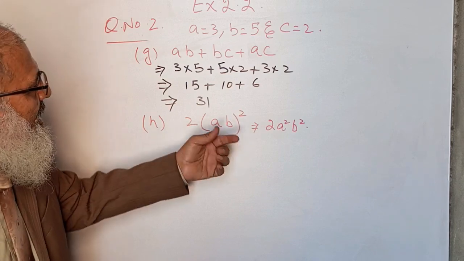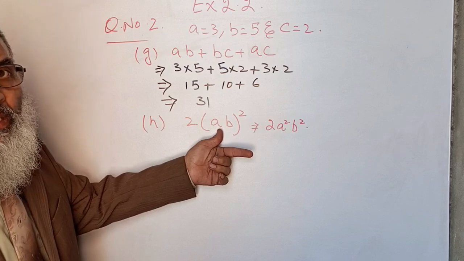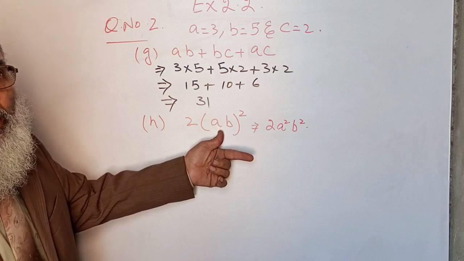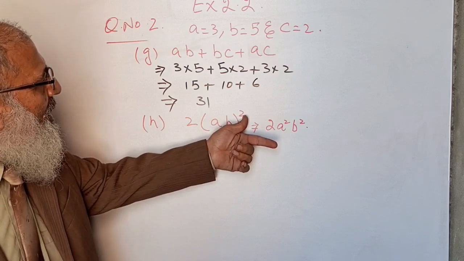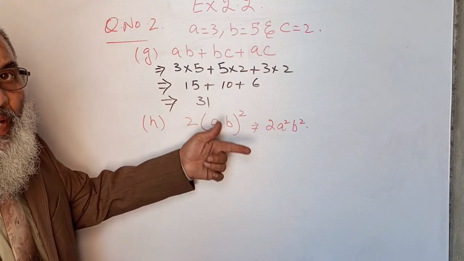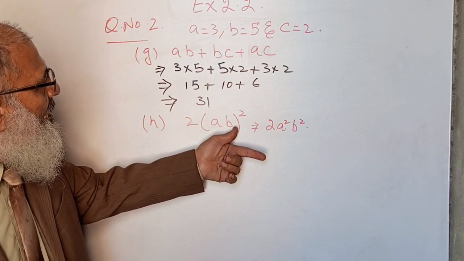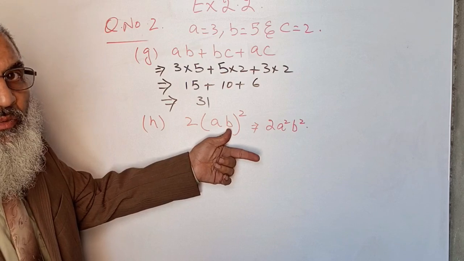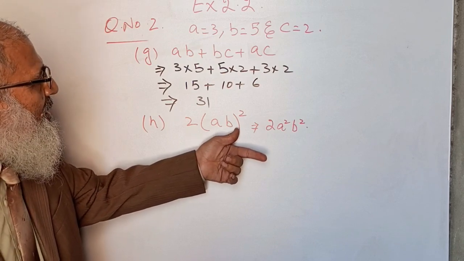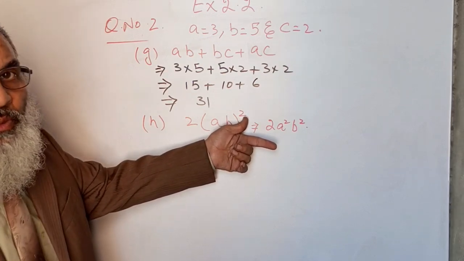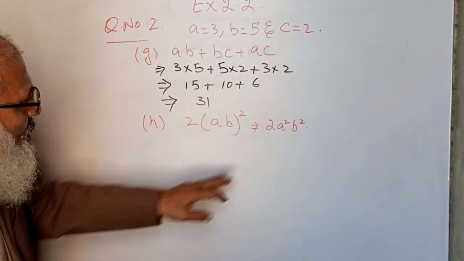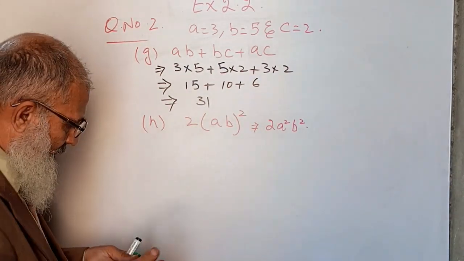So each element in this parenthesis has a square on it. Any element which is in this parenthesis is raised to power square.